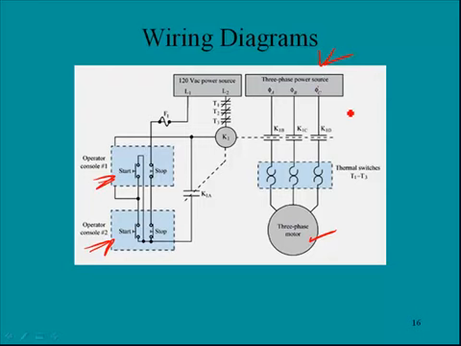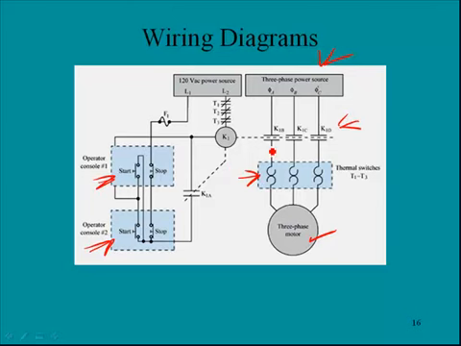We see something here labeled K, and the K's here are all tied together. These typically are indicating a relay. In this case, these relays would apply power to this particular motor. And then we have some thermal switches here. Thermal switches act as fuses.